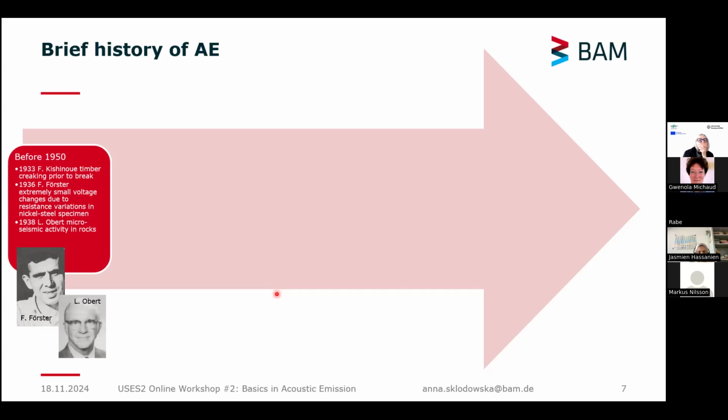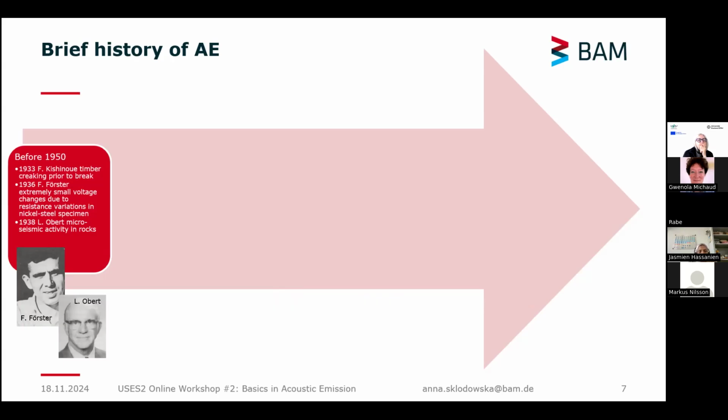Later, in 1936, the German scientist Förster was looking at acoustic emission phenomena in wire-shaped nickel steel specimens, and they made an electrodynamic transmitter-receiver system to transform mechanical vibrations into electrical voltage. So this is where they were also working in this area.